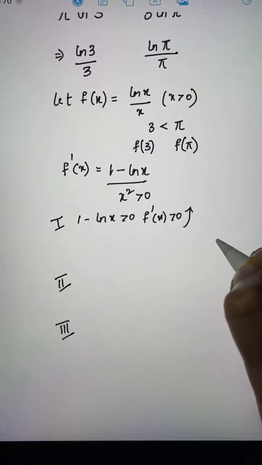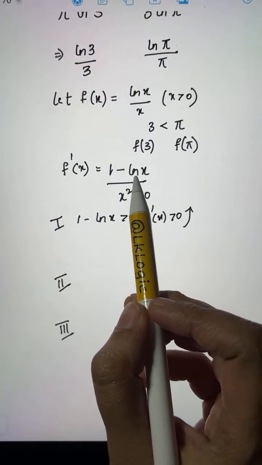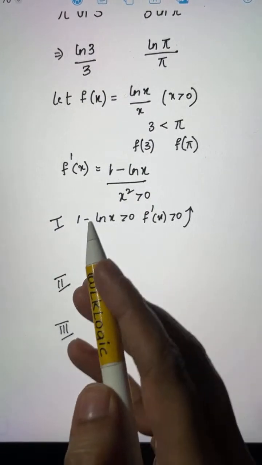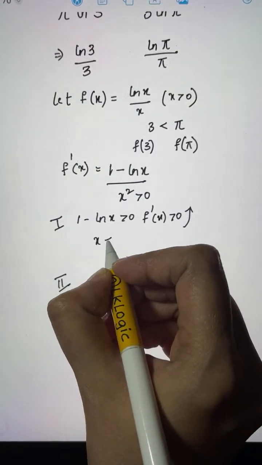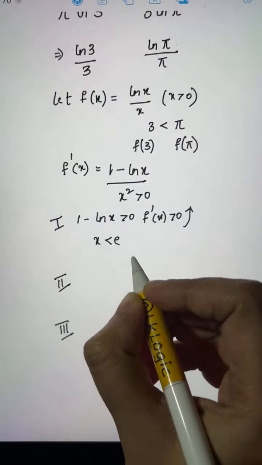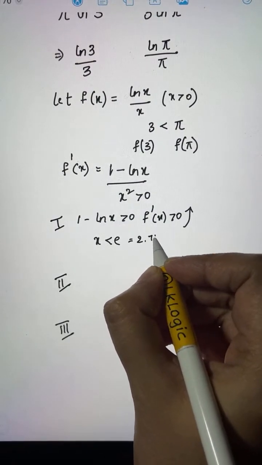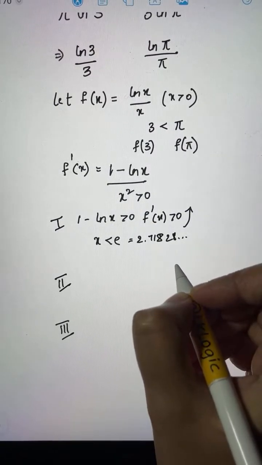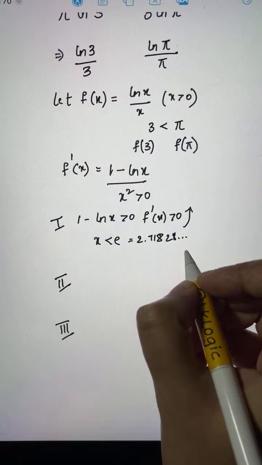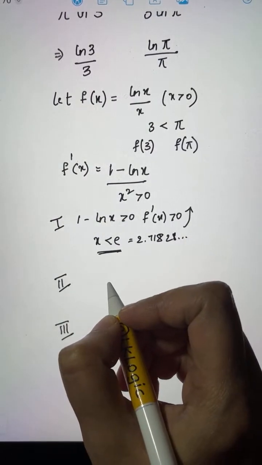When you solve for x, natural log of x is less than 1, so x will be less than e, and e is equal to 2.71828 and so on, which is irrational. So we got x is less than e here.